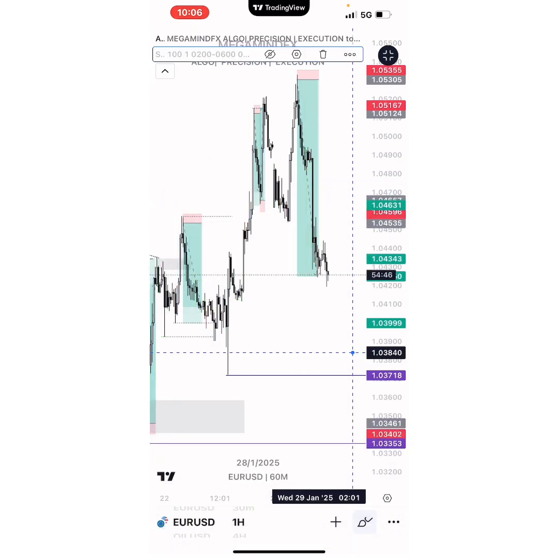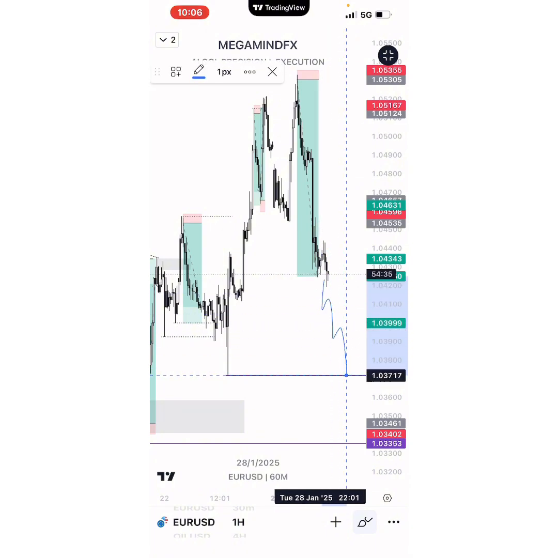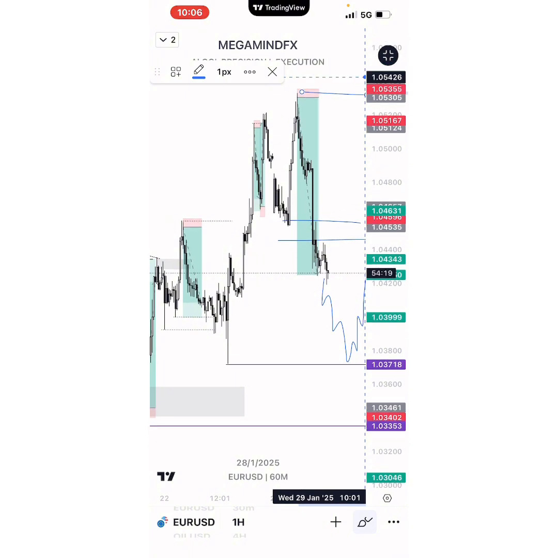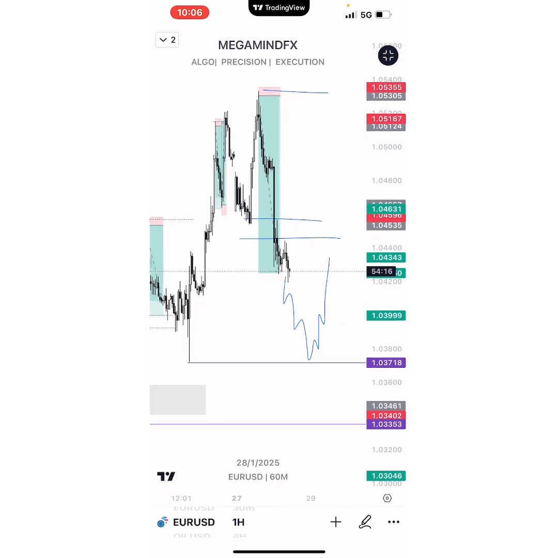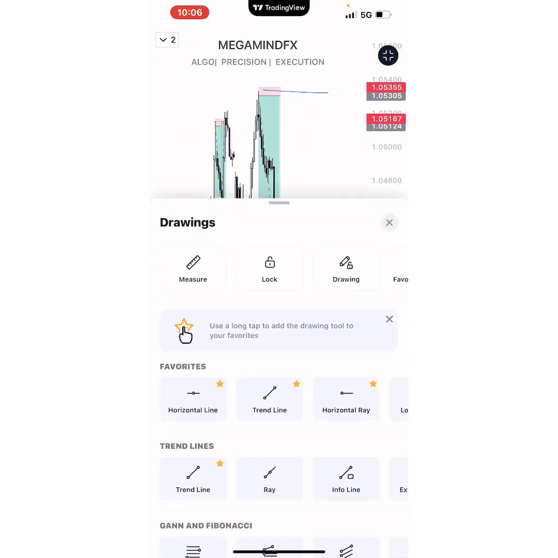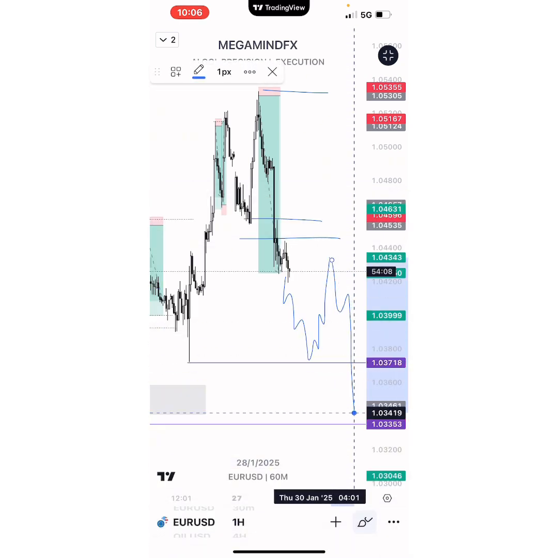All right, so cool. Let's see what price is going to give us in NY. What I'm anticipating is price coming back into these levels, and then I can take my buy to target. First target should be these levels here, and then ultimately this level if you're going to be bullish. But if not, we could have price coming to these levels too, and then we can have a sell continuation to the downside.